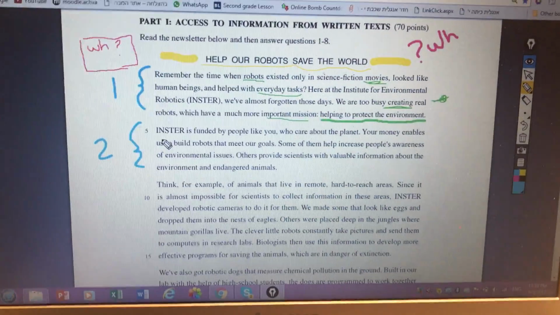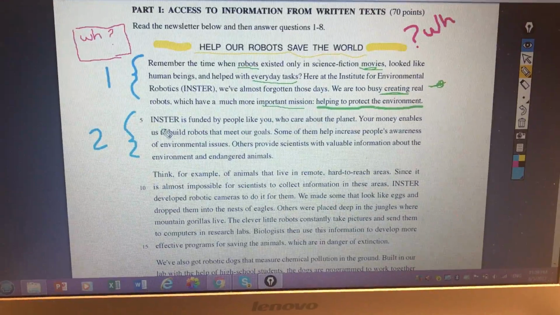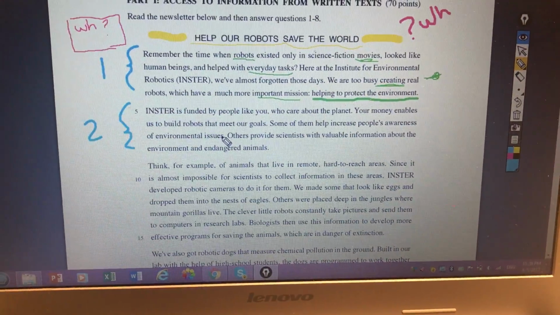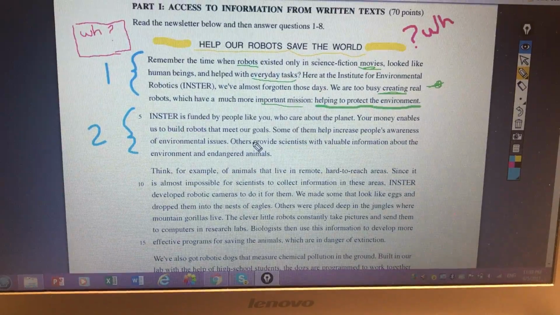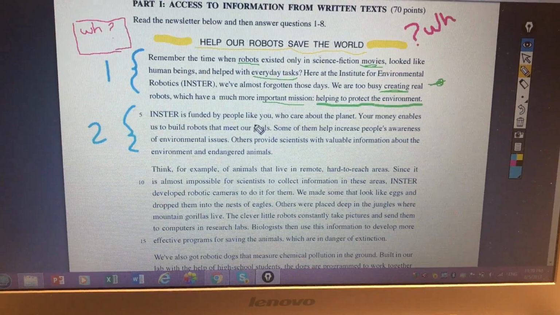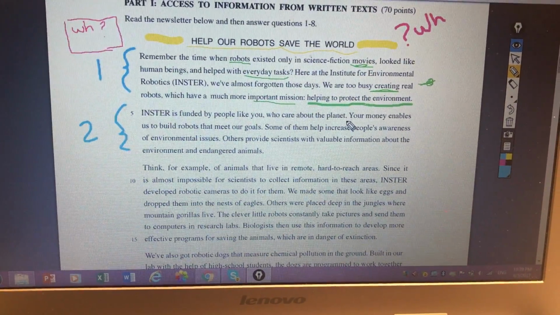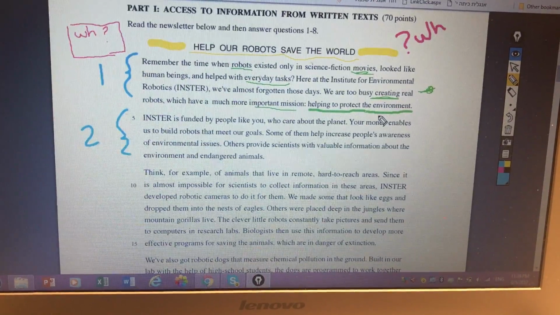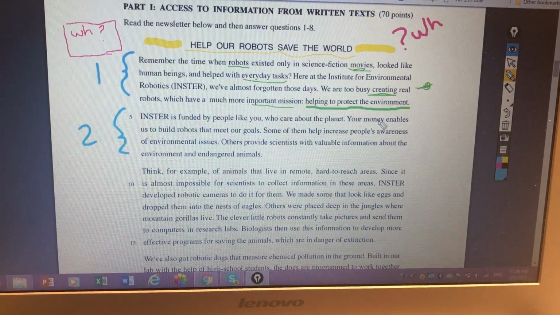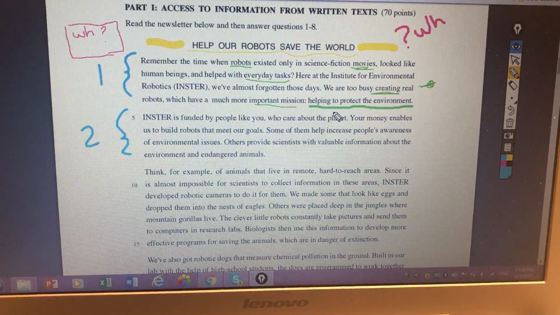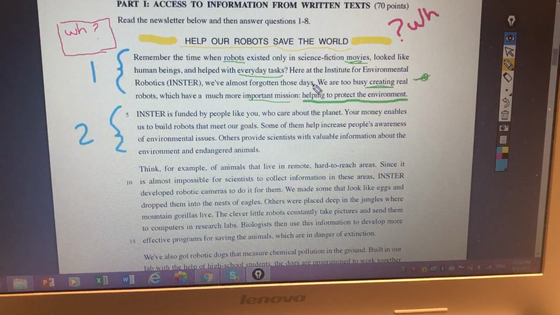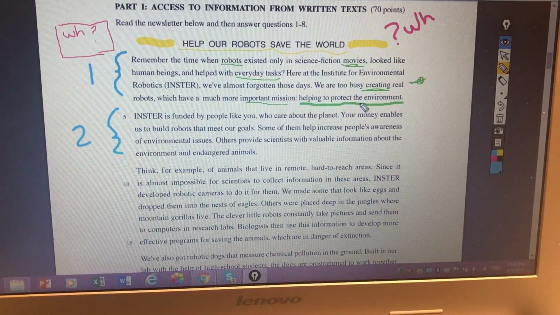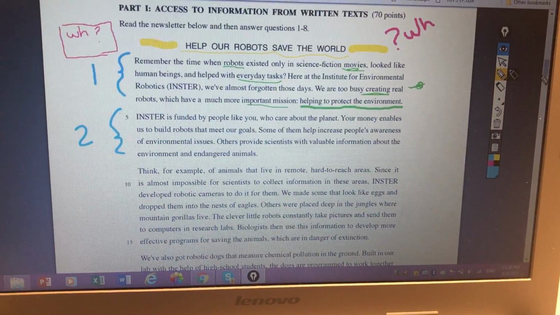When we're looking at the second paragraph, we are probably going to take into consideration that we will get more detailed information on how the robots are able to protect the environment. We have the main idea that today we're talking about robots and saving the world. We know that what they're going to do is try to help protect the environment.